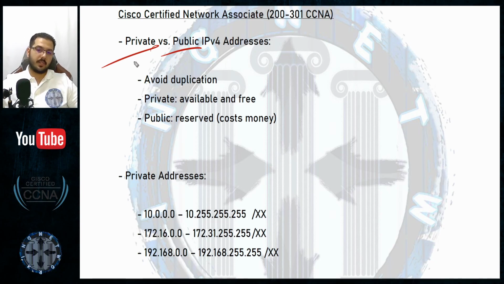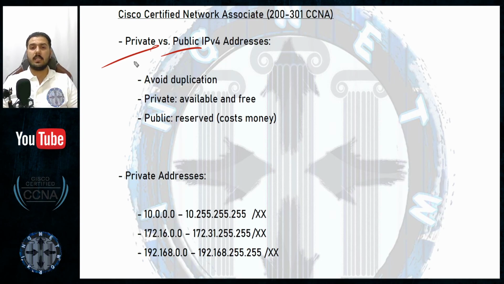If every single IP address is allowed to be used on your computer, then you will never be able to guarantee that no one on earth, in any other location, will use the same IP address that you have just used on your computer.